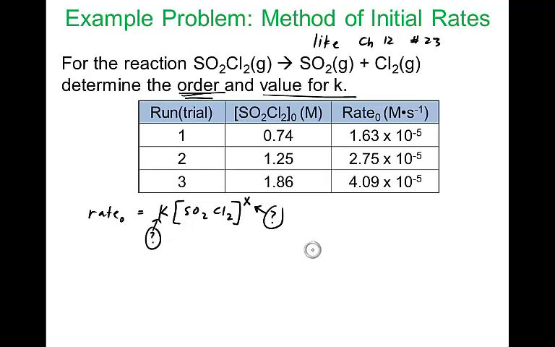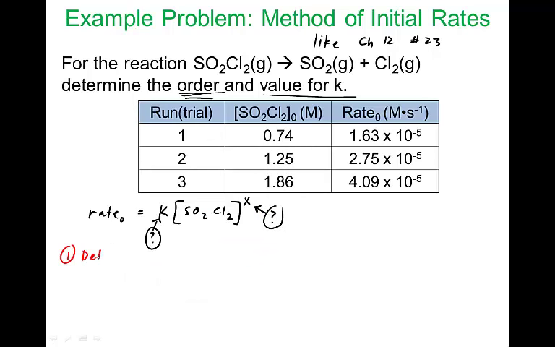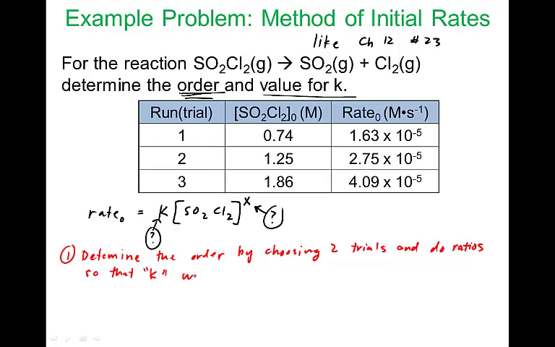So to determine the order, you choose 2 trials and do ratios so that K will cancel out.